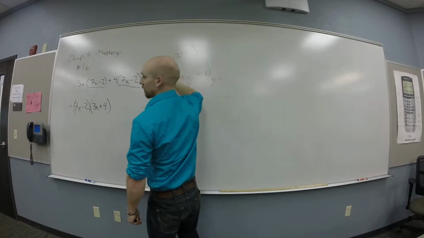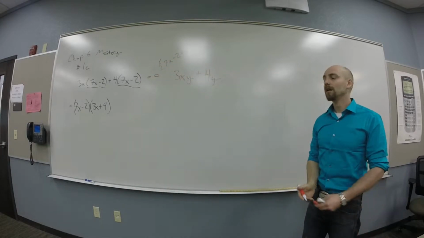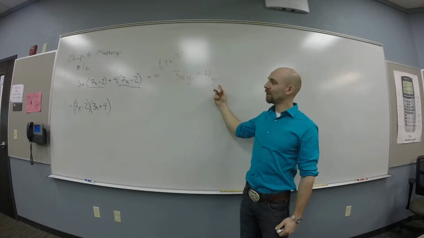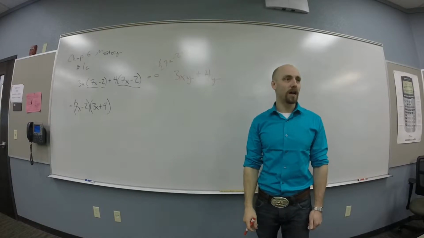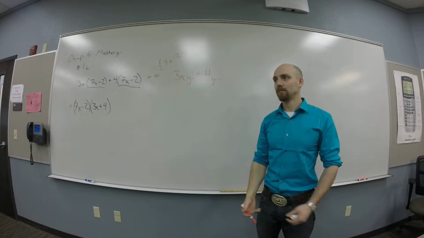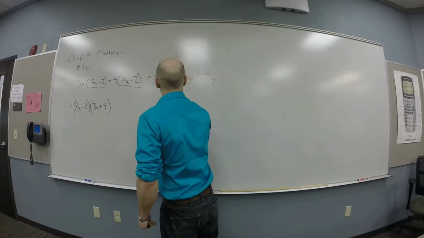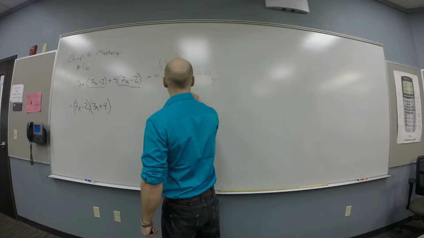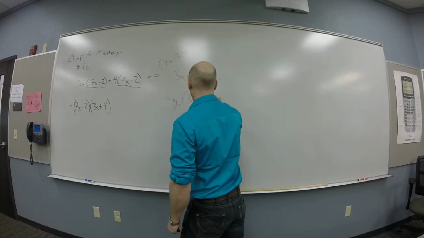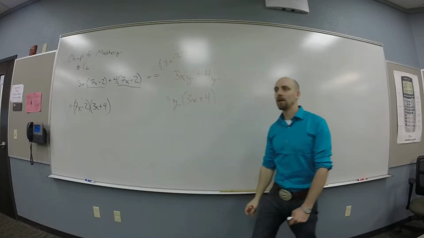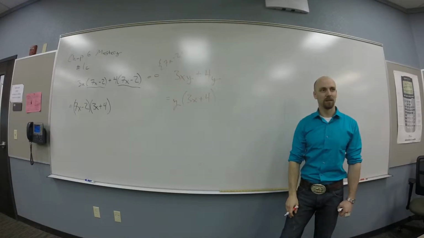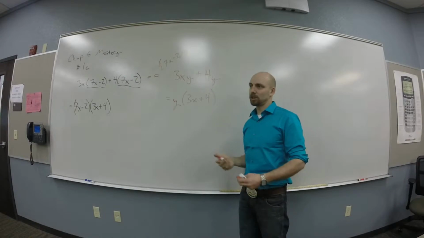Now I can pretty easily factor a y out. So this thing is y times 3x plus 4. And then what was y? 7x minus 2. Y was that 7x minus 2.